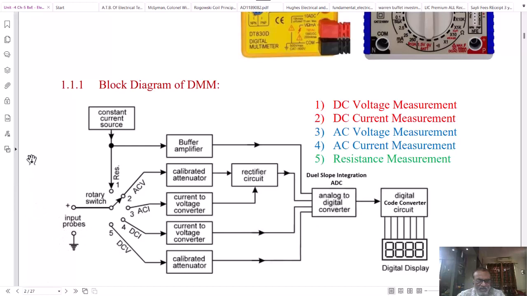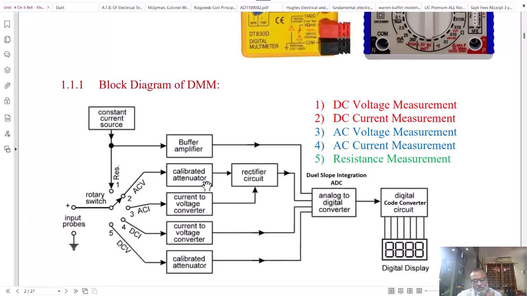The external parameter, that is either voltage or current, can be connected through the input probe to the input terminal. There is a rotary selector switch, as we have seen on the front panel, which allows you to select a particular parameter measurement, that can be a resistance measurement or AC voltage measurement or AC current measurement or DC current measurement or DC voltage measurement.